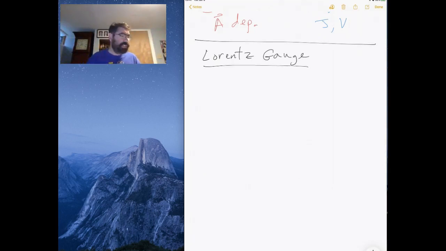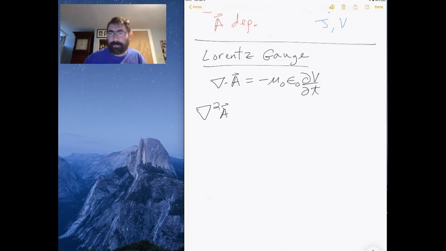Our choice of gauge here is to have the divergence of A equal to minus mu 0 epsilon naught, the time derivative of V. That's pretty good, because in the end what that does is it eliminates everything that has to do with the gradient, and we're left with only a function of A. So our second-order differential equation simplifies to this right here.